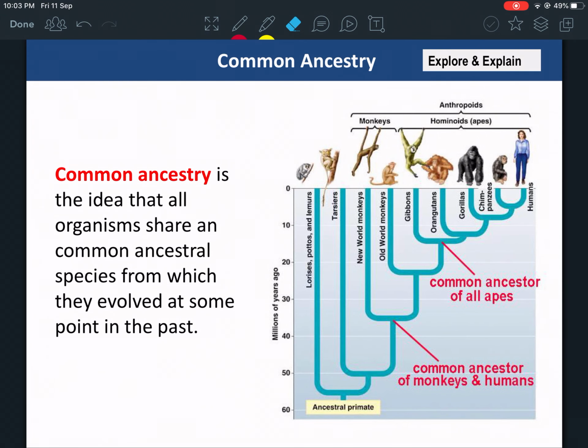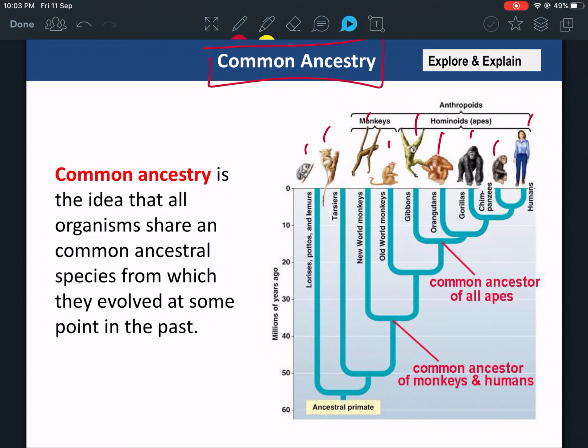A common ancestor means an origin that is common between two. It's an idea that all organisms share a common ancestor. For example, they're talking about lemurs, New World monkeys, Old World monkeys, gibbons, orangutans, gorillas, chimpanzees, and humans.